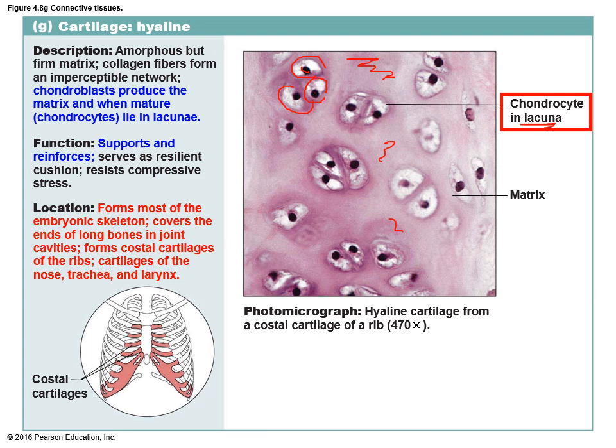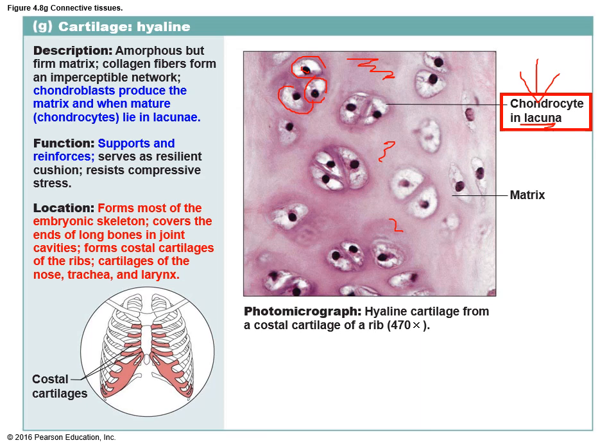As the chondroblast builds the extracellular matrix, eventually it becomes trapped in its little lacuna, this little dip, and at that point it no longer builds and is transformed into a chondrocyte, a mature cell.